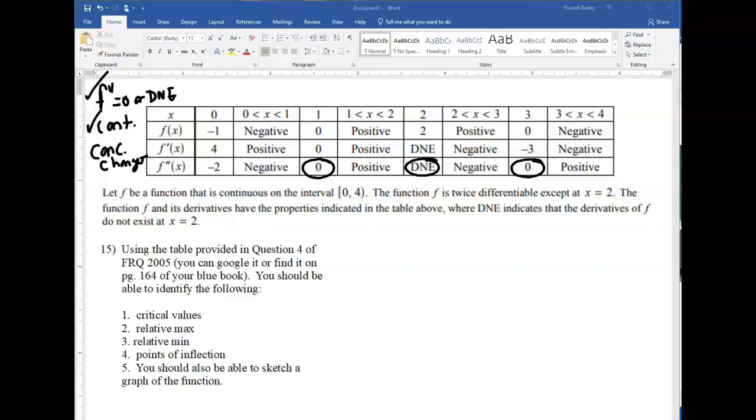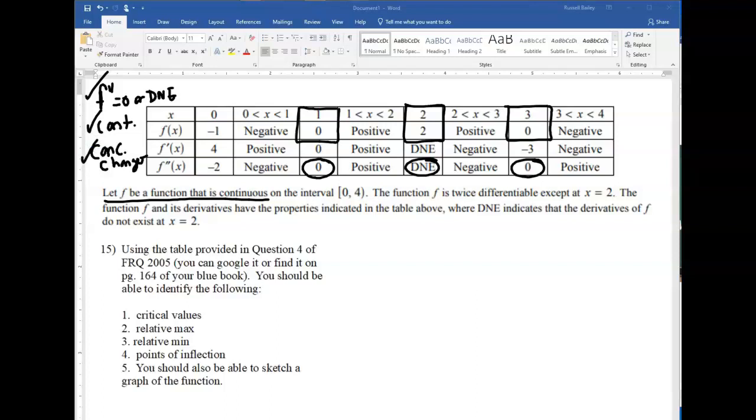Are they all continuous? Yes, they're all continuous. The problem tells us at the very beginning that f is continuous on the entire interval. And you can also tell it's continuous at those points because they actually give you coordinates for those points. If it wasn't continuous, then you wouldn't have a y value at that spot. So yes, all 3 of them are continuous. Now the last thing we need to do is make sure the concavity is changing at those points.